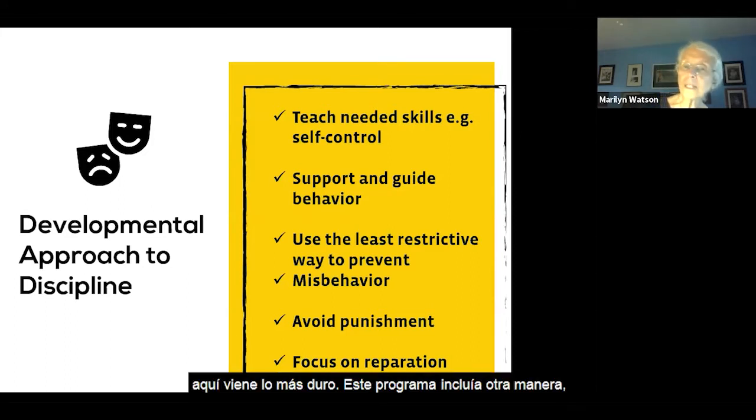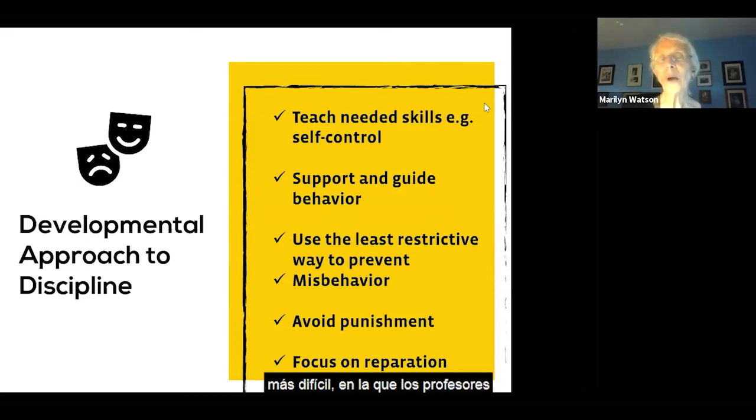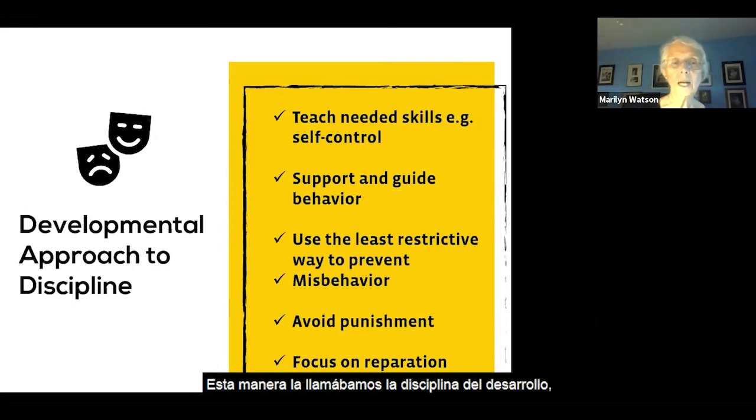The hardest part of the program, the hardest of the ways we hope that teachers would be able to build children's social and moral development, was what we called developmental discipline.